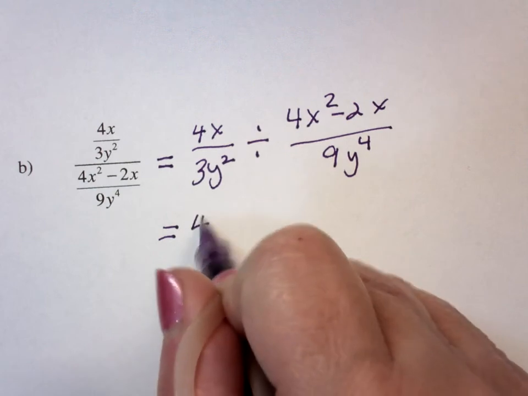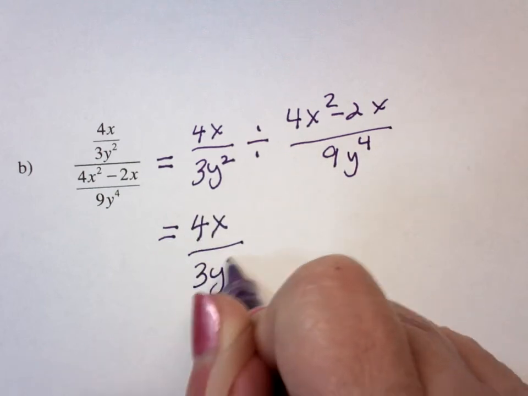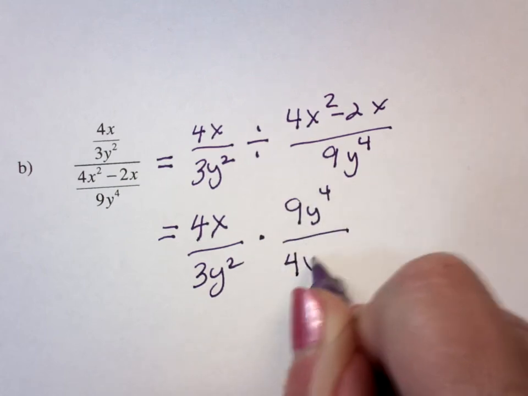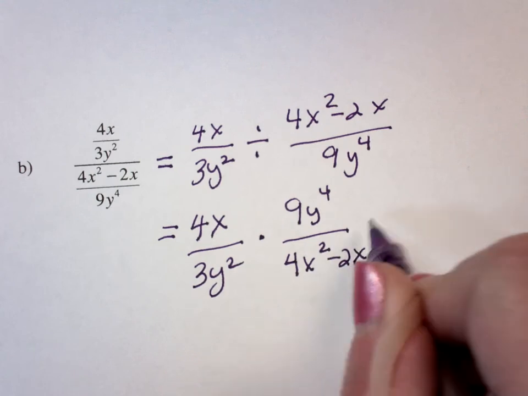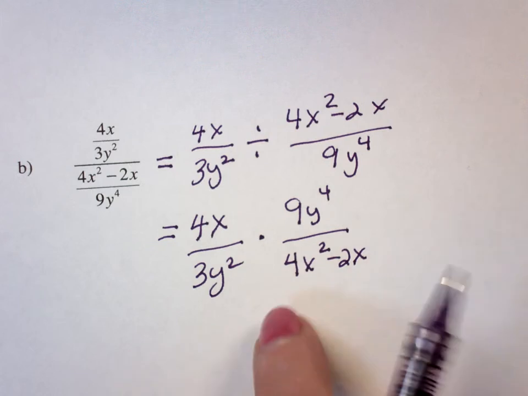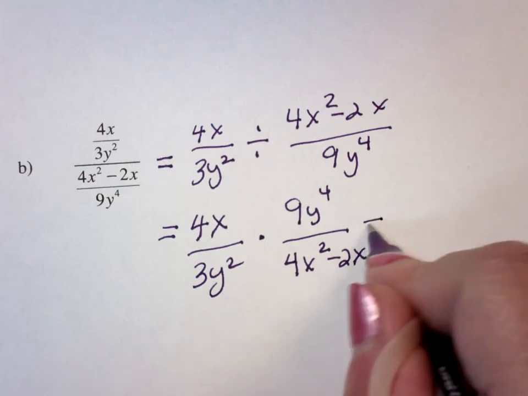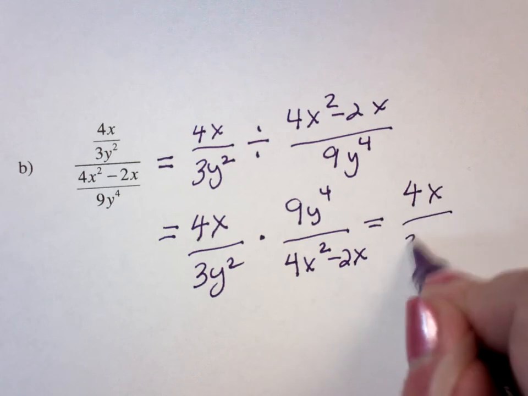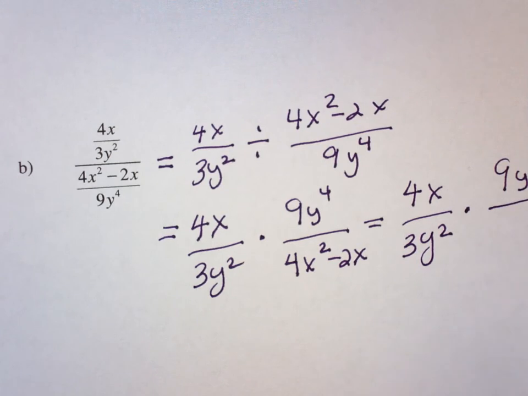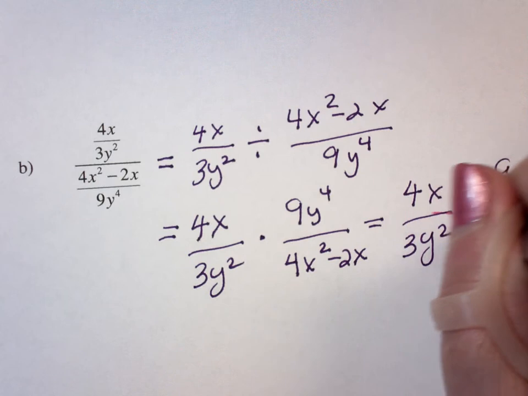So we invert and multiply 4x over 3y squared times 9y to the 4th over 4x squared minus 2x, factor and reduce. The only thing I have to factor is this denominator right here. So this becomes 4x over 3y squared times 9y to the 4th over 2x, greatest common factor, 2x minus 1. Now remember, in multiplication, this becomes one big fraction.